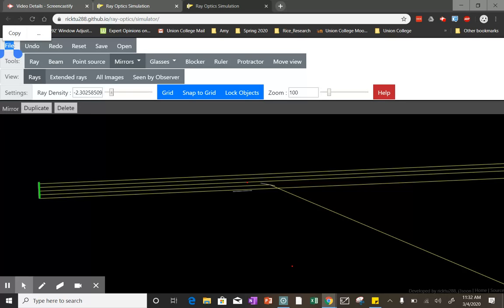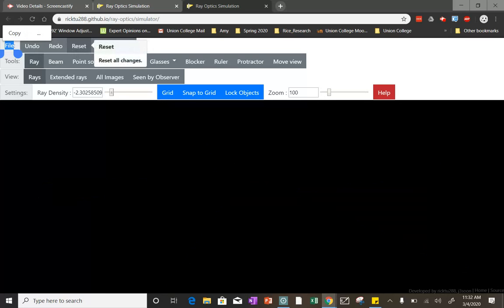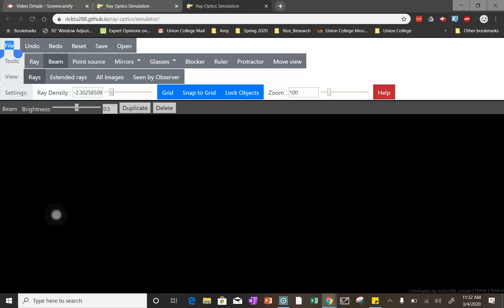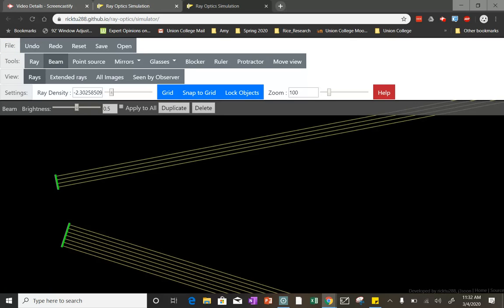It's clearly not working on my tablet with the touch screen. Oh, wait, if I turn that off, will it work? Beam. No, still not working. So I won't spend any more time on this because it's just not responsive with the touch screen. But you can simulate the things we're doing to see how rays work.